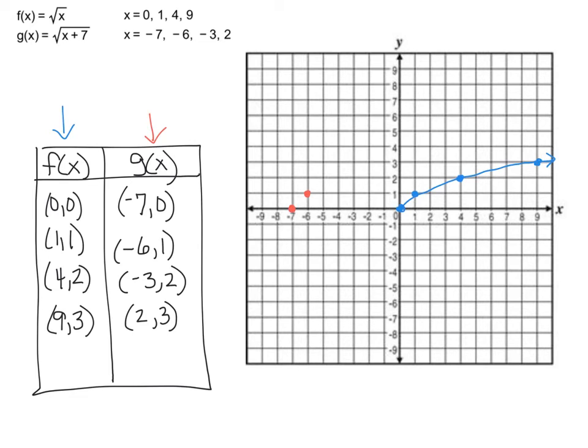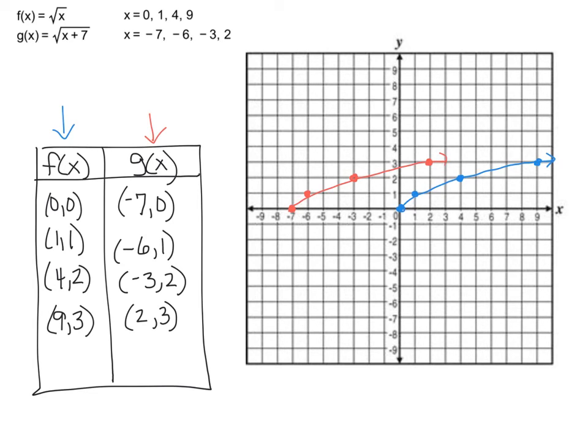Then negative 3, 2, go to the left 3 and up 2. And lastly, 2, 3, I'm going to go to the right 2 and up 3. And then I'll graph that function.